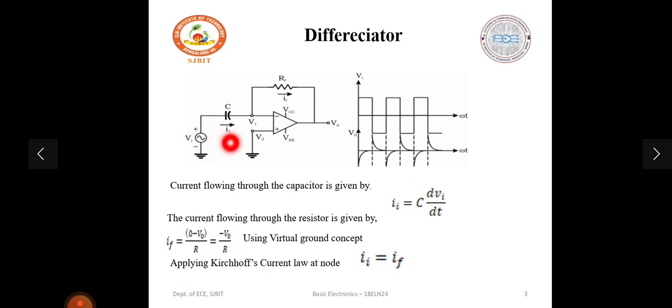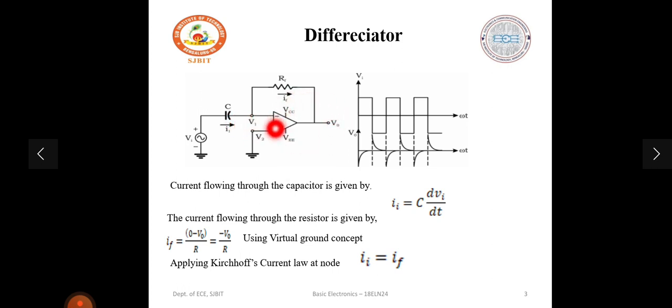That is, V0 is equal to some constant times dVin by dt. So that is the task your differentiator performs. Always remember, a differentiator produces an output voltage that is proportional to the time derivative of the input voltage.